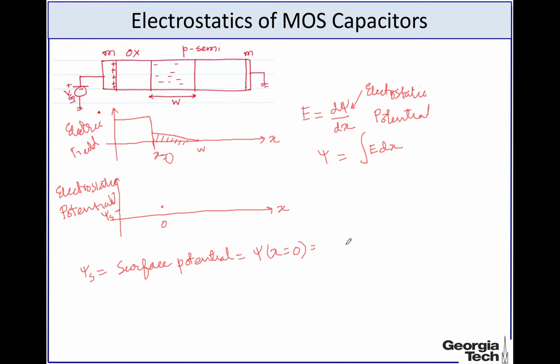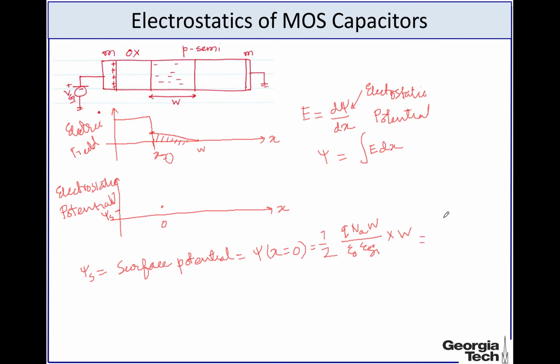So to calculate that area, what we need to do is find the value of electric field at this point, and in the previous slide we have calculated this. So this is q N_A W over epsilon naught epsilon silicon, multiplied with this side W, which is the other side of this triangle, and multiplied with half.